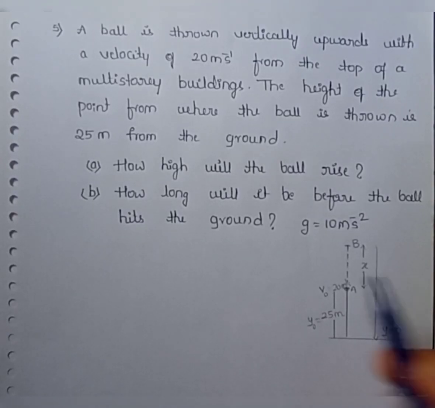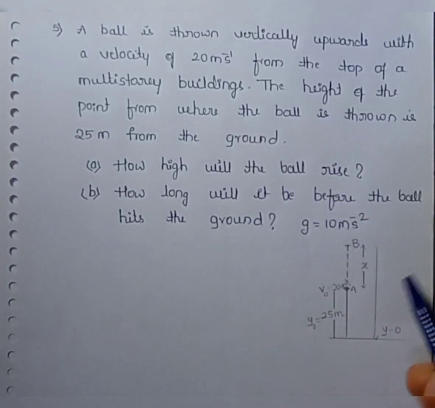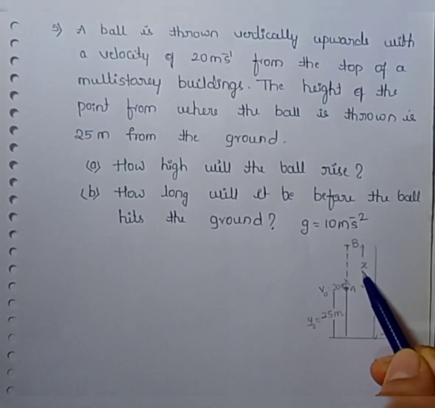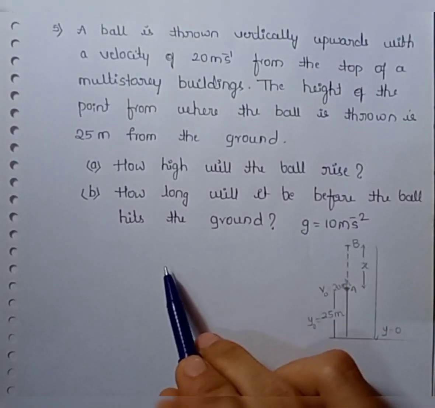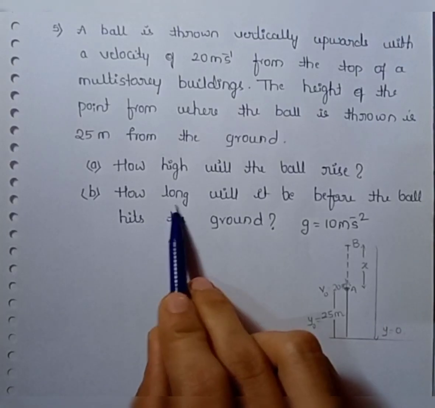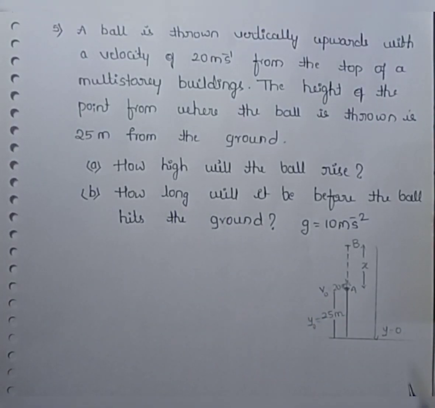Now what we have to calculate, how high will the ball rise, means displacement x we have to calculate first, and how long will it be before the ball hits the ground, means time we have to calculate.